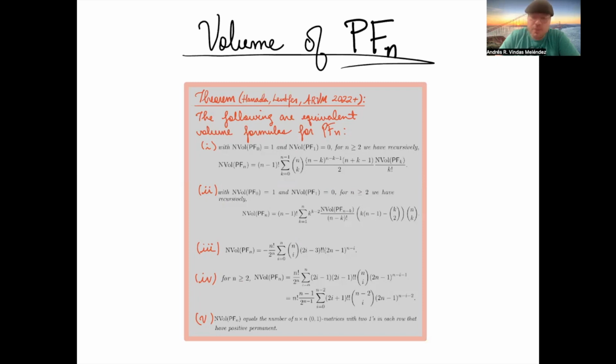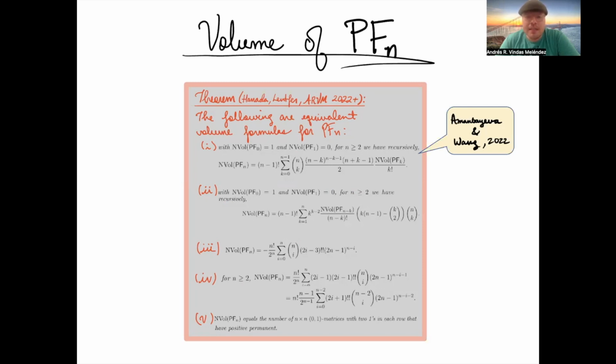The first one is the recursive formula, and this is worded for the normalized volume. What I mean by normalized volume is that I take the Euclidean volume and multiply it by n factorial so that I obtain an integer, because the Euclidean volume is not always integral.